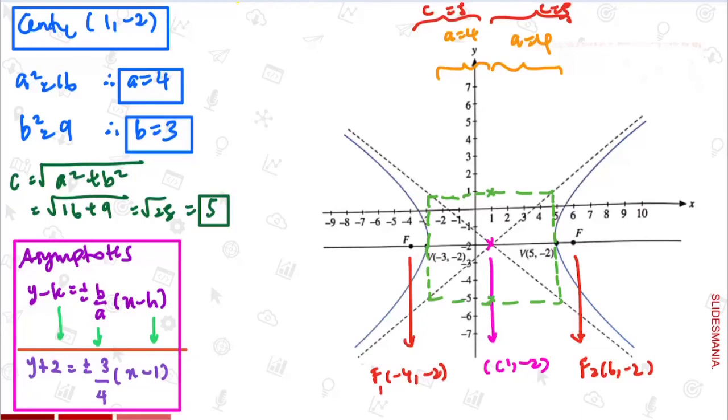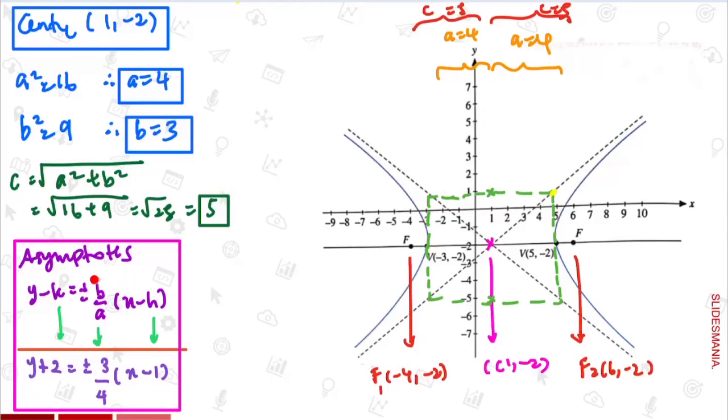So combine the edges there. Then you can connect these edges here. Make sure it goes through your center and then expand it. And these 2 edges here, connect it, go through center and expand it. Therefore, you can find these 2 asymptote lines here.